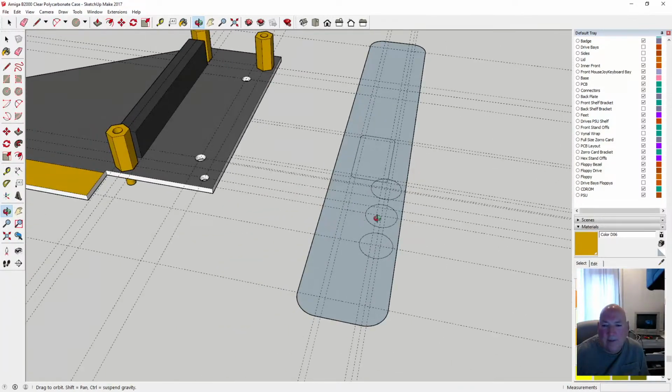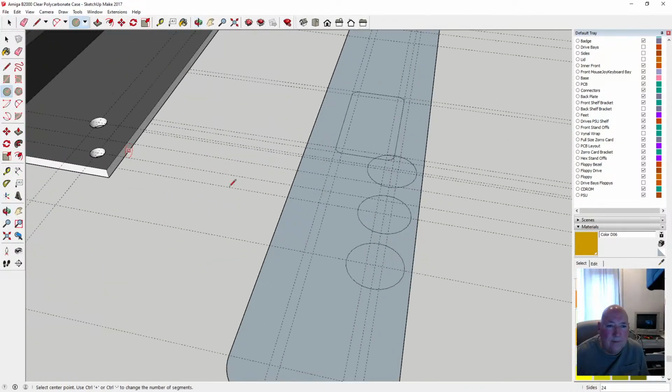So first we're going to make the hole smaller. So we'll go 3.5. No, we'll go 3 mil. So 3, 3, and 3. Then we're going to get rid of these outer holes.